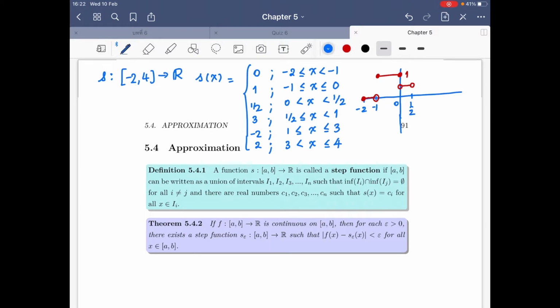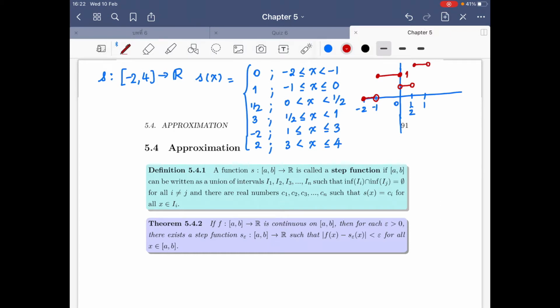From 1/2 to 1, it takes the value 3, so it goes a little bit beyond here. Let's say that here is 3, the level of 3 is up there.